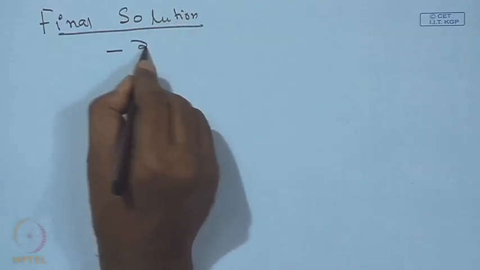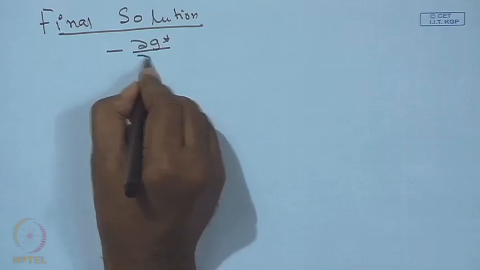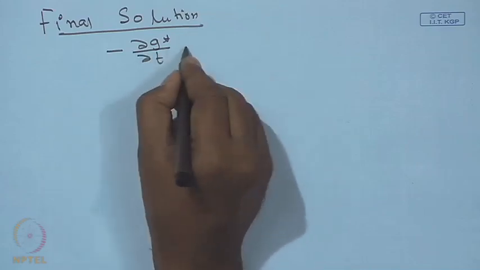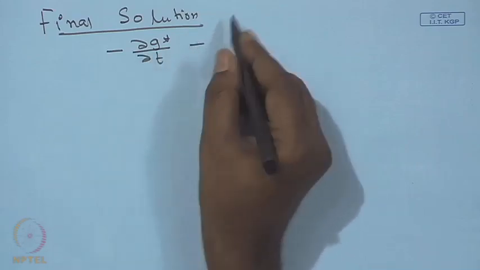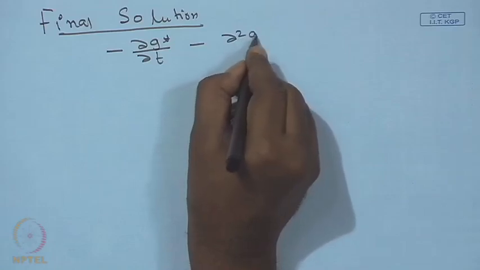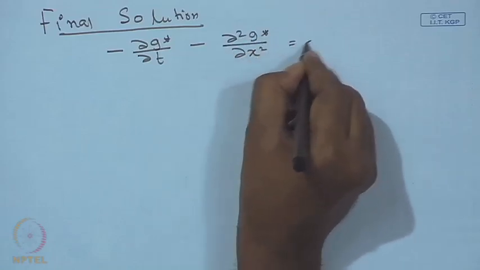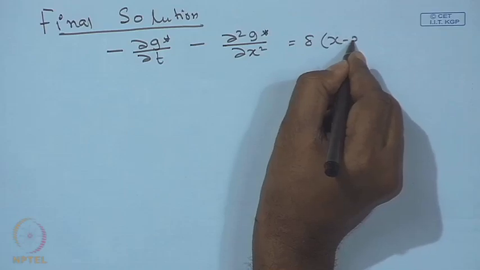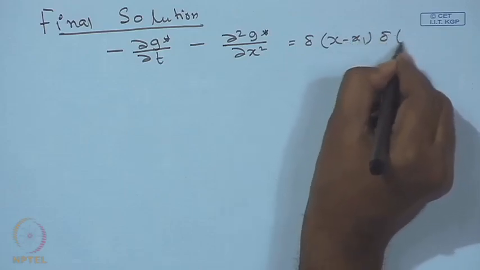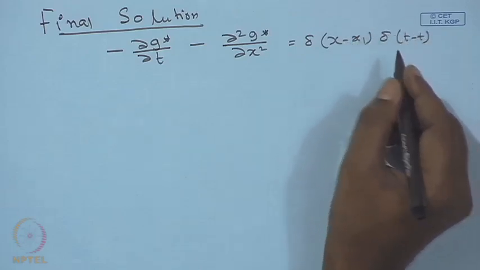The final solution is, let us write down the governing equation of the adjoint Green's function g star. So, this will be minus del g star by del t minus del square g star by del x square is equal to delta(x minus x1) delta(t minus t1).